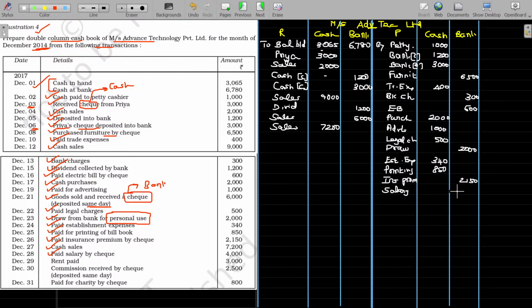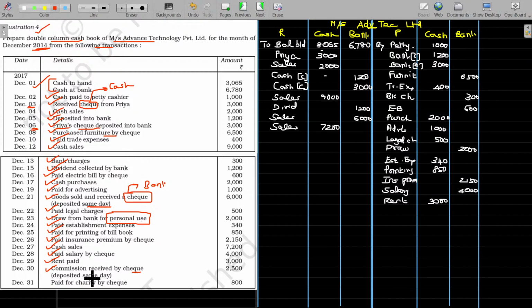This value being 4000, that too by check, so put the value in the bank column. Rent paid, 3000 in the payment side, rent. I will put that value in the payment side, especially the cash column, 3000. It is assumed. By default, you can assume this way.